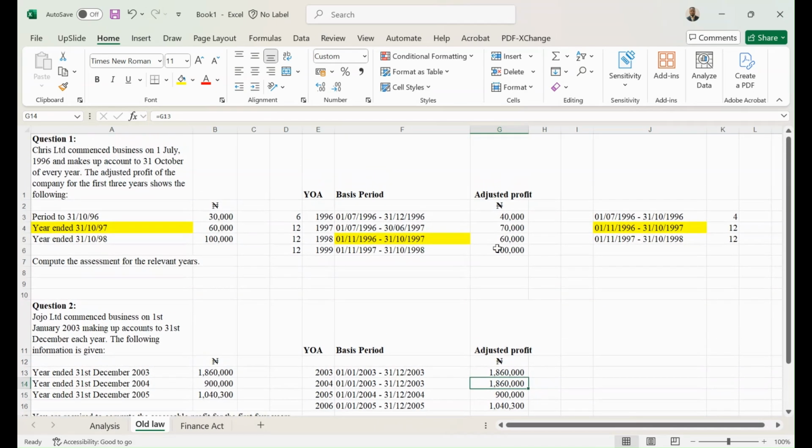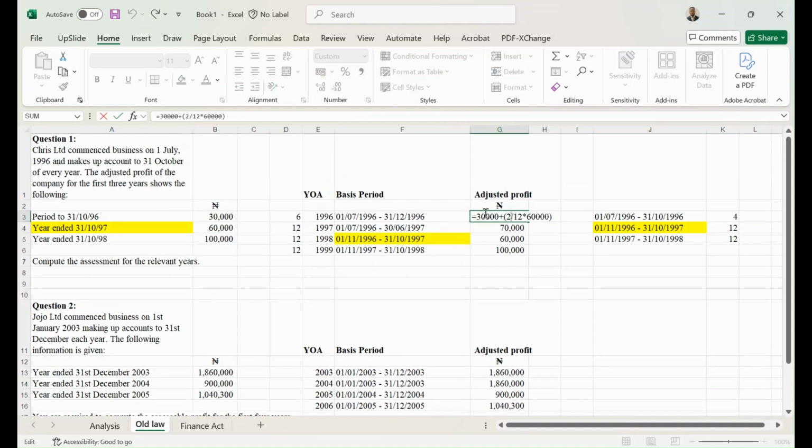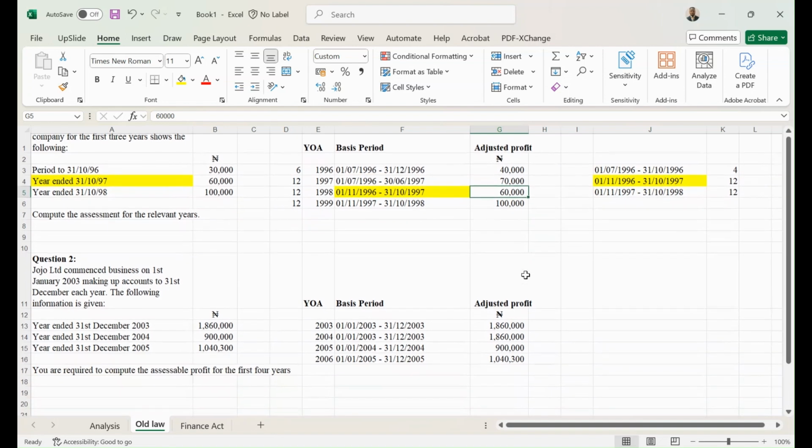Now let's look at the first question. You see that there was a 30,000 that was taxed in 1996. The same 30,000 was also taxed in 1997. You see that part of this 60,000 that was made here was taxed in the first year, taxed in the second year, and was also fully taxed in the third year.